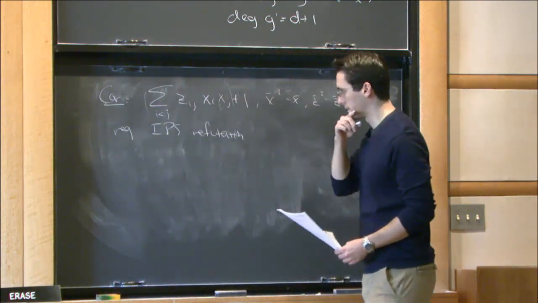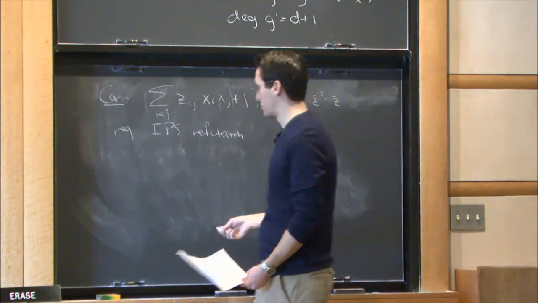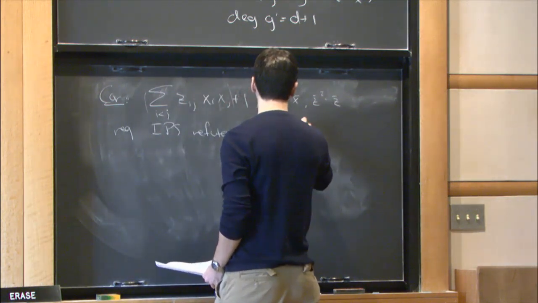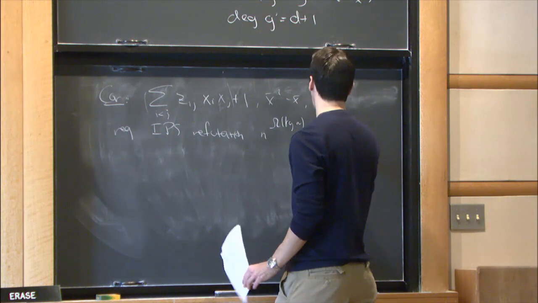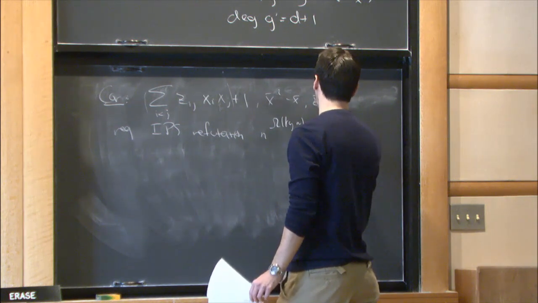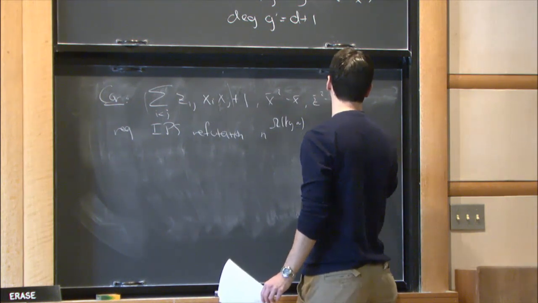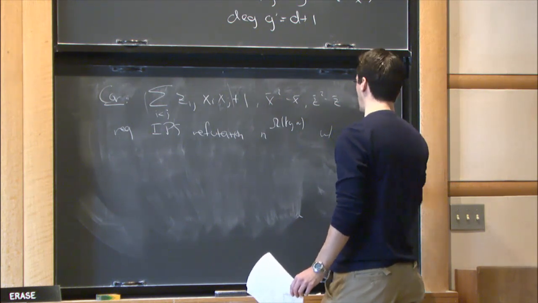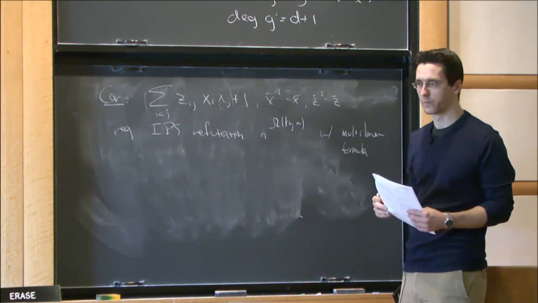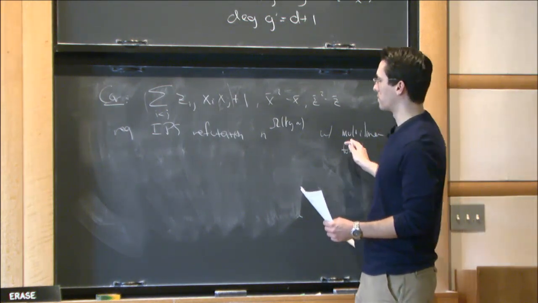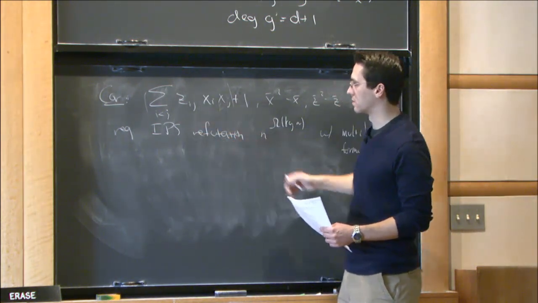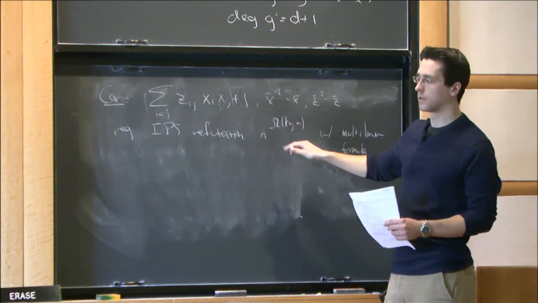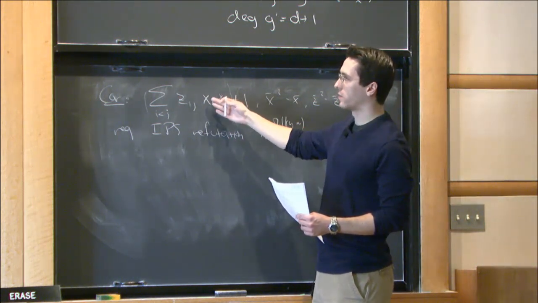It's unsatisfiable. And it requires IPS refutations, say of size n to log n, with multilinear formulas. I didn't really define it, but basically these are formulas where every intermediate polynomial is multilinear. So if you have IPS proofs where all of the circuits have multilinear formulas, you must have this size. And basically, how do we derive that?